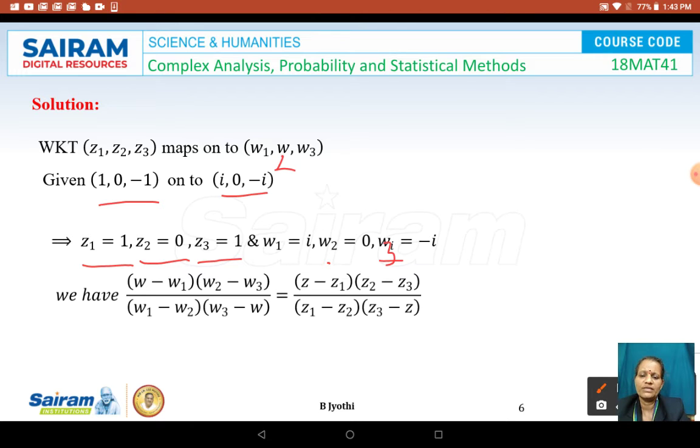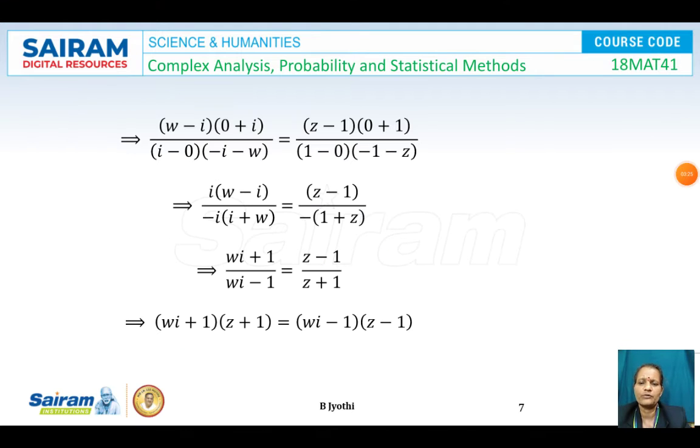We have the formula (W - W1)(W2 - W3) / ((W1 - W2)(W3 - W)) = (Z - Z1)(Z2 - Z3) / ((Z1 - Z2)(Z3 - Z)). Now let us substitute all these points.